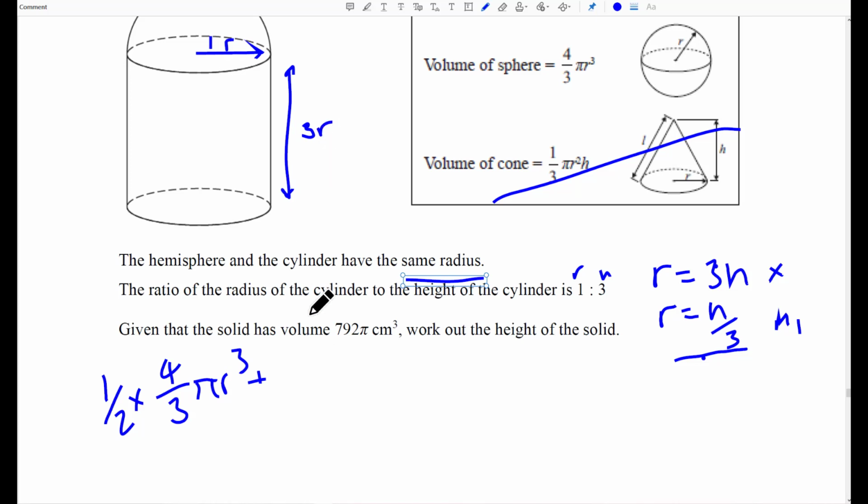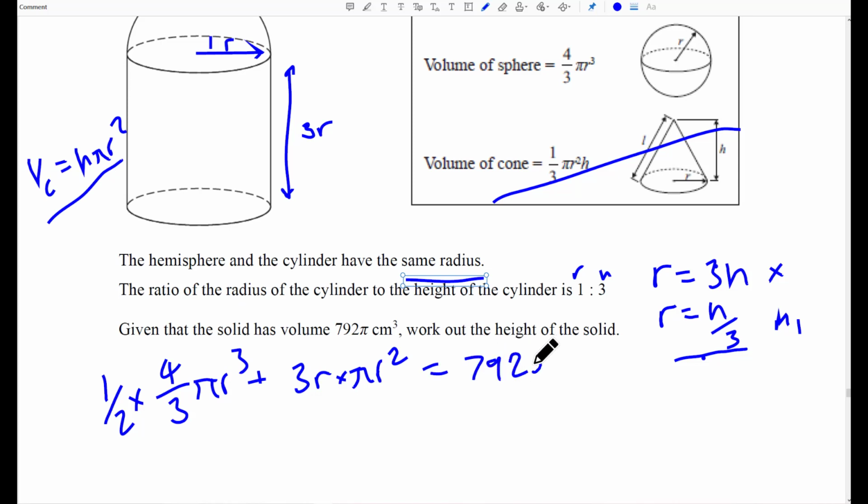So what's the volume of a cylinder? That's 3r times pi r squared. The volume of a cylinder equals the height of it times pi r squared, right? Equals 792 pi.